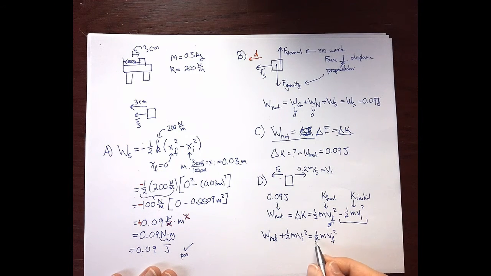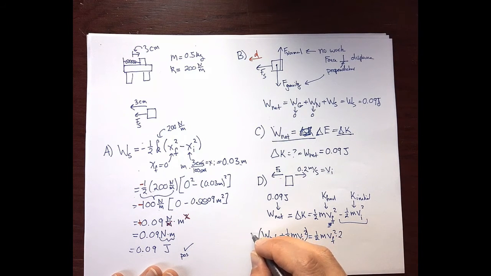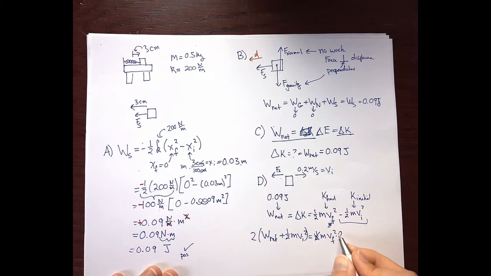And we're solving for this, so let's multiply both sides of the equation by 2. So we can cancel the 1/2. And then let's divide by the mass. So we can cancel this mass. And then we've got the final speed squared.